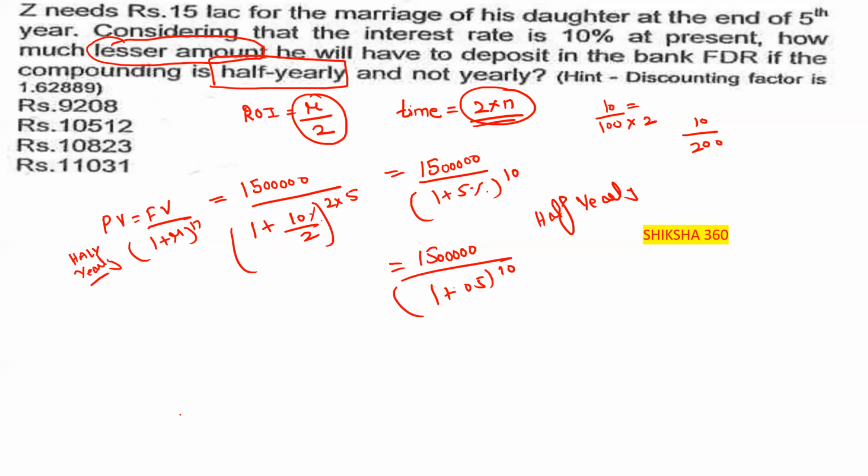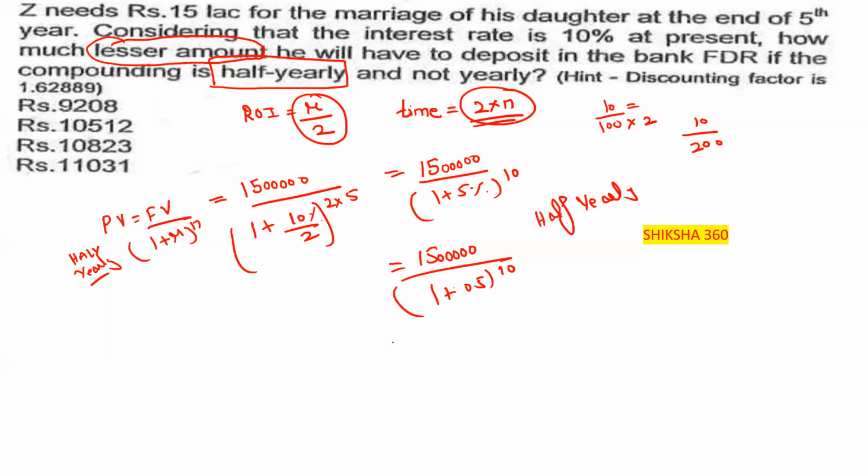Okay, so now we can calculate 15 lakh divided by 1.1 power 10. So here it comes out, not 1.1, it is 1.05 power 10.